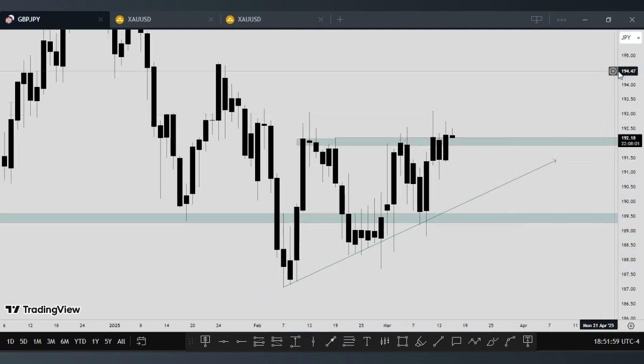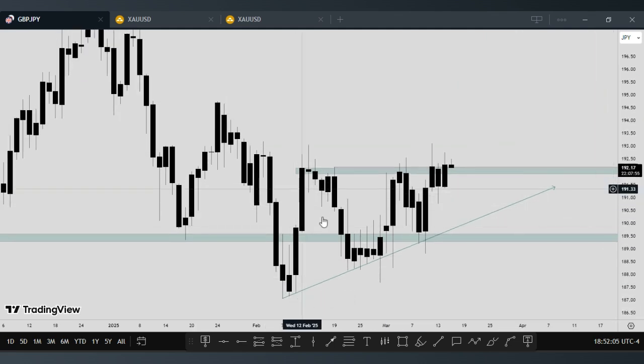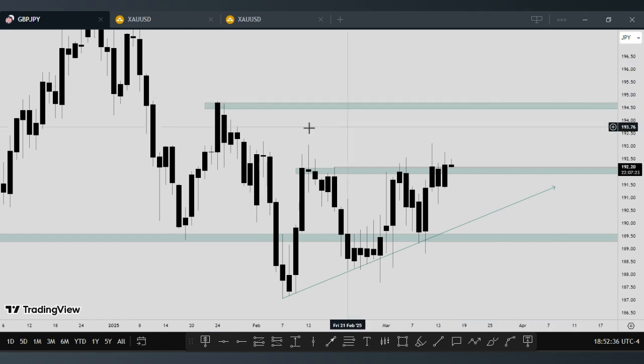If you have been in the game long enough and know how price action works, when you have a resistance level and price is squeezing it, making lower highs and higher lows, the possibility is that it is going to bust to the upside. So if GJ busts to the upside, we have this level of resistance as the major target for JPY.